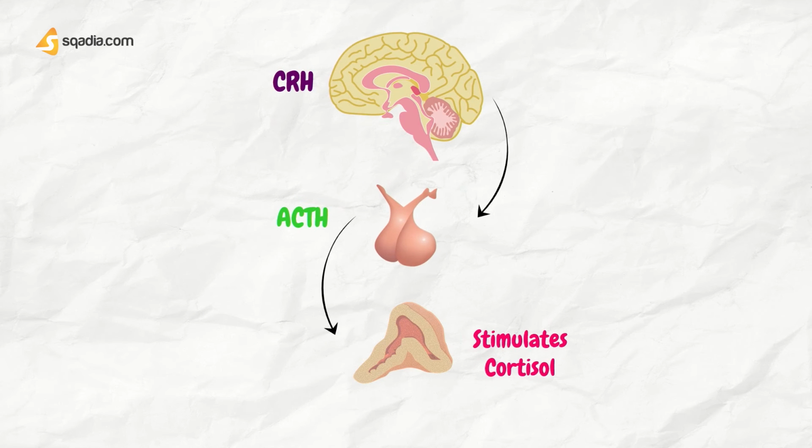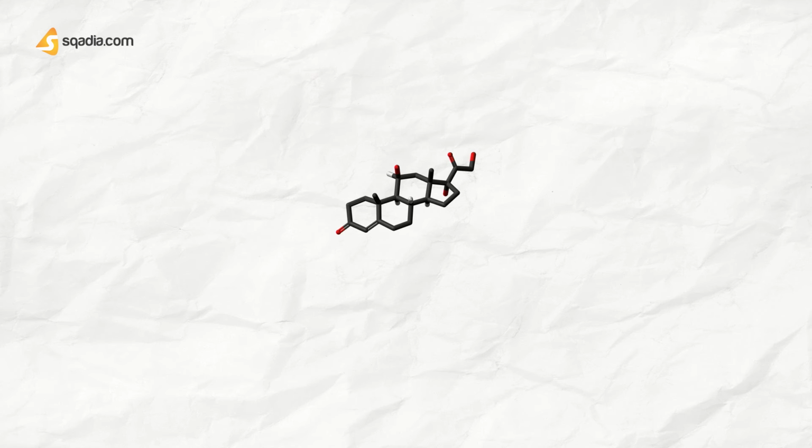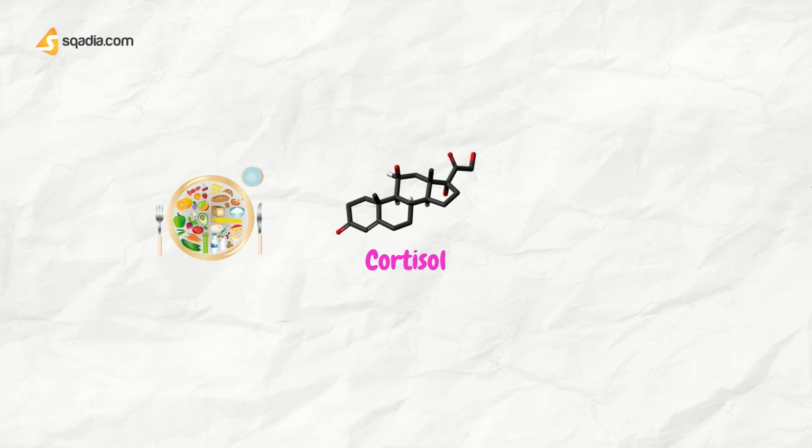Why did we discuss cortisol only? Why is it so important in the body? Well, think of cortisol as nature's built-in alarm system. It's your body's main stress hormone, and it works with certain parts of your brain to control your mood, motivation, and fear. Cortisol plays an important role in a number of things, including managing how your body uses carbohydrates, fats, and proteins.